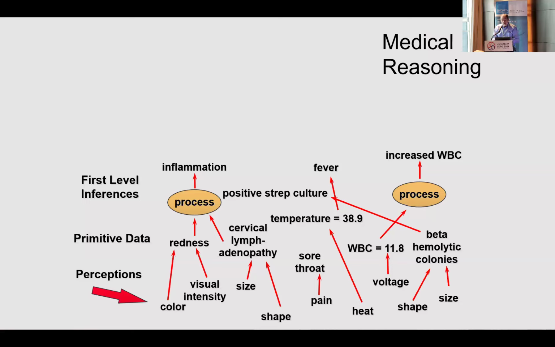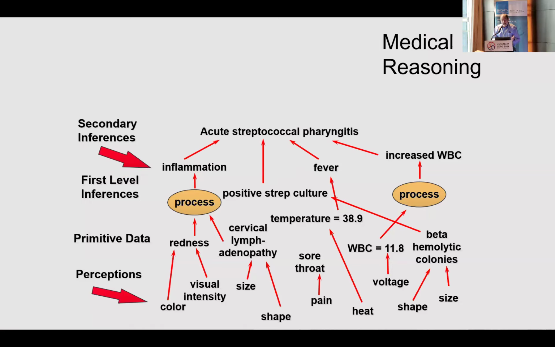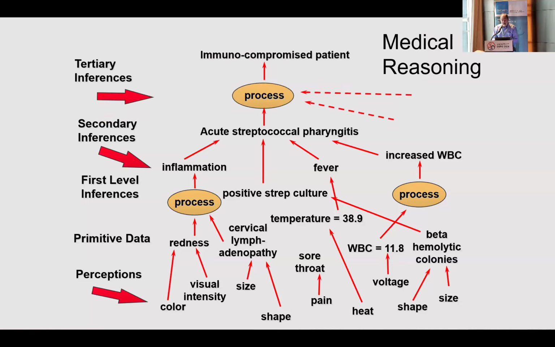So we've now made one level above the primitive data: inflammation, fever, increased white count. Then we say all of that put together with a rule is acute streptococcal pharyngitis. And then you can continue, and you find out the patient had a splenectomy and some other things, and you go, that all adds up now to this being not only a person with acute streptococcal pharyngitis, but they're immunocompromised. So that's the overall process.